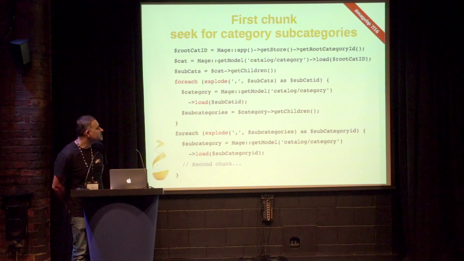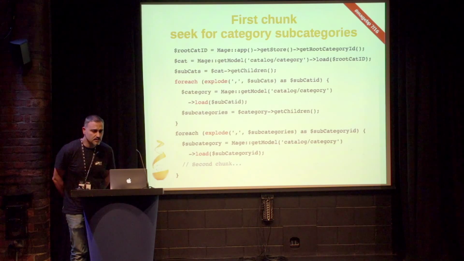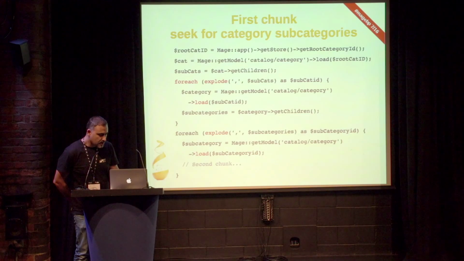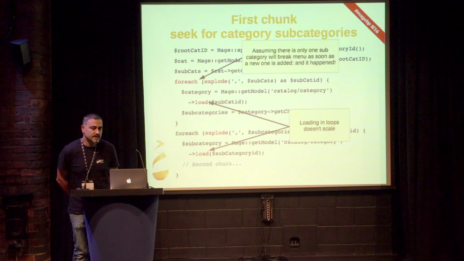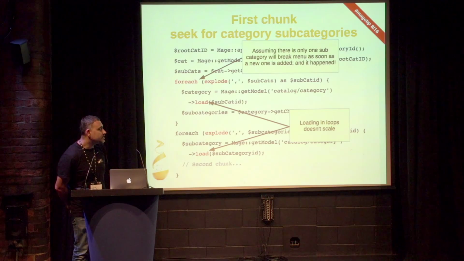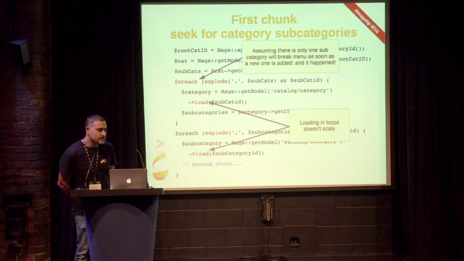And to do this, the developer decided to iterate over the first child of the root category, assuming that that child will be the only child from now on, and that's fragile. Because as soon as the store manager added a second category to the root category, this code breaks the menu in production. Okay.